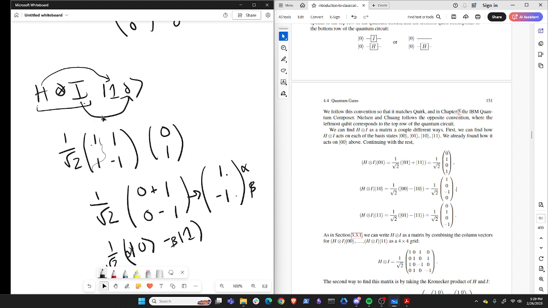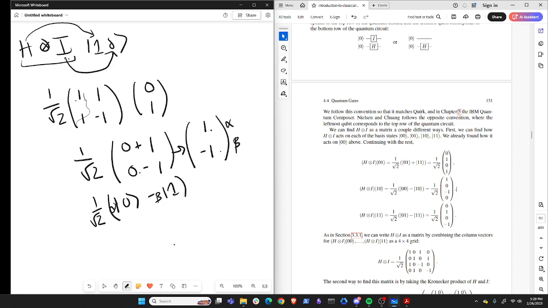Similarly, the identity is going to preserve. We looked at this yesterday, but I'll just run through this one more time. Identity for this would just be 1, 0, 0, 1. We are in state 0.